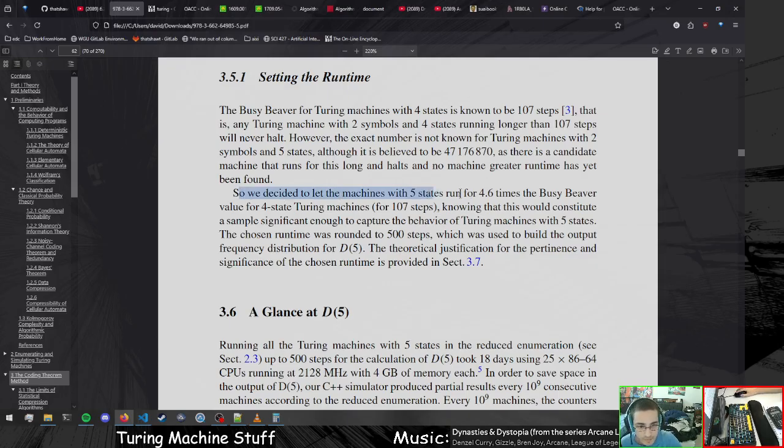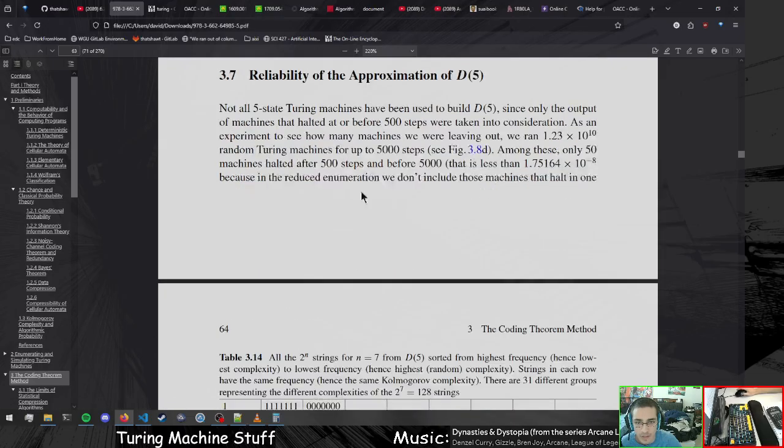Wait. Huh. So they just used 500, and they used the thing here.